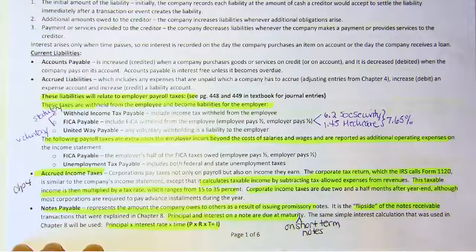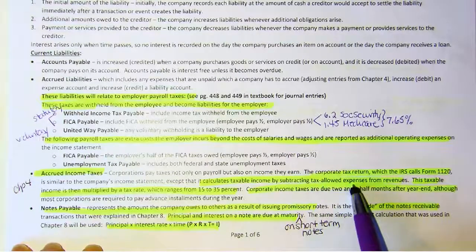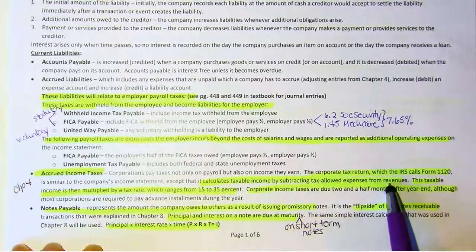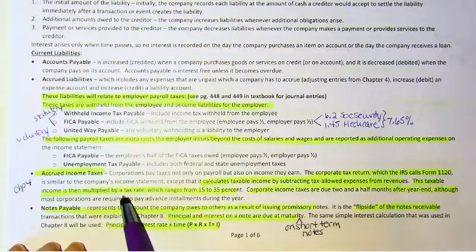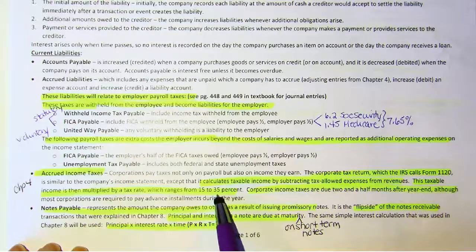And it's similar to the income statement except that it calculates taxable income by subtracting tax allowed expenses from revenues. And then we take the taxable income and multiply it by a tax rate which ranges between 15 and 35%.